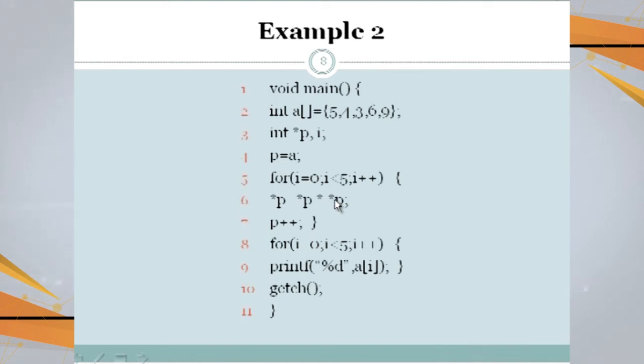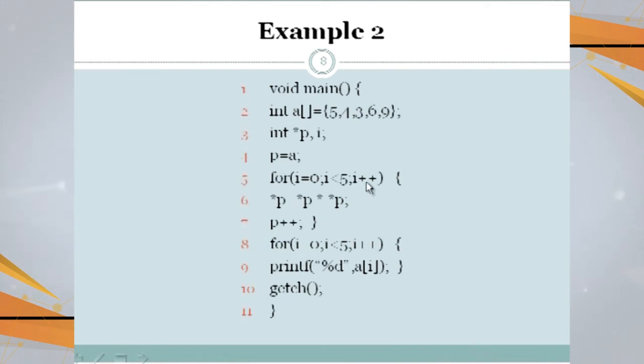So the square of the first element will be calculated, and then the value at the current address held by p, that is the first element of the array, will be reinitialized to the new value returned from the expression. So the value of the first element will become 25.